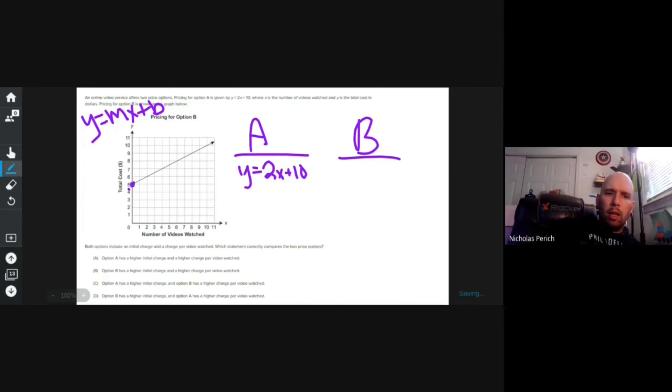So I'll put a dot here and a dot here. And every time I go up 1, I go over 2. So my slope is a half. x is x. And my y-intercept was that 5 right there. If you're like, I don't remember doing that, we did this like 1,000 times.